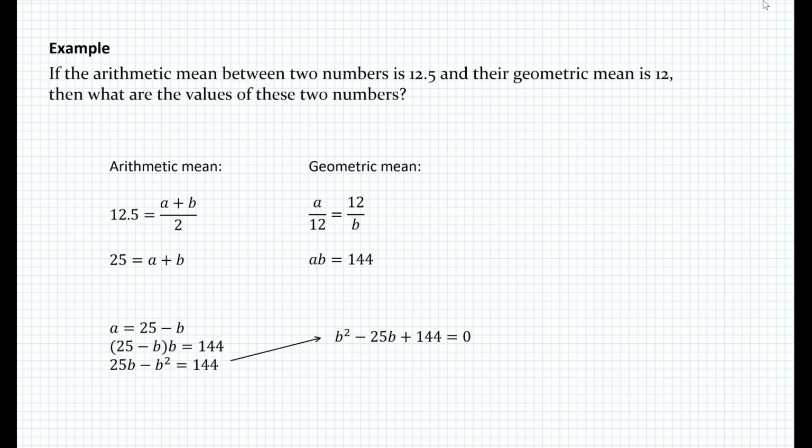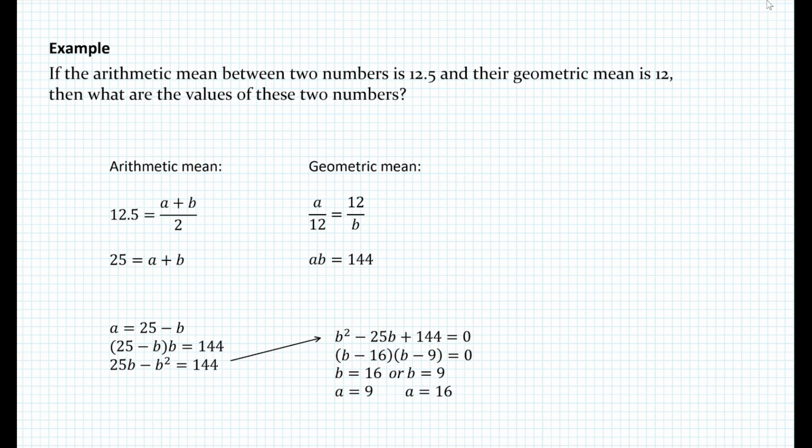We want to think of two numbers that add up to negative 25 and multiply to 144. So here we end up with b minus 16 quantity times b minus 9. That quantity is equal to 0, which means that b could have two different values. b could equal 16 or b can equal 9.